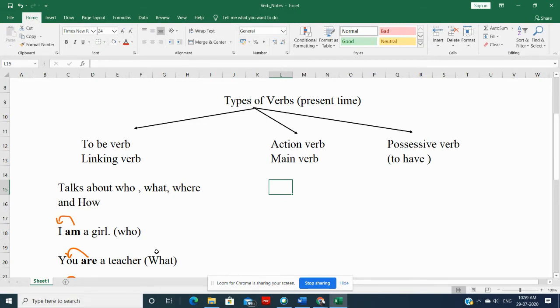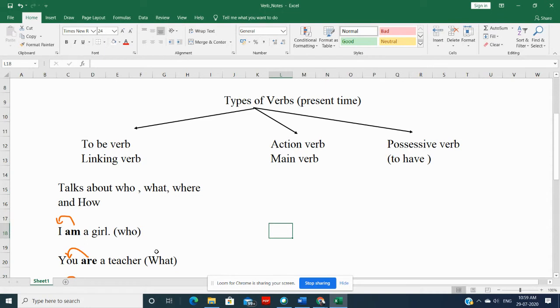As the name suggests, action. There are so many actions we do in our daily life, like we sit, we talk, we run, we laugh, we smile, we care. There are so many things we do. And all these things which we do in the form of action, that is our action verb.